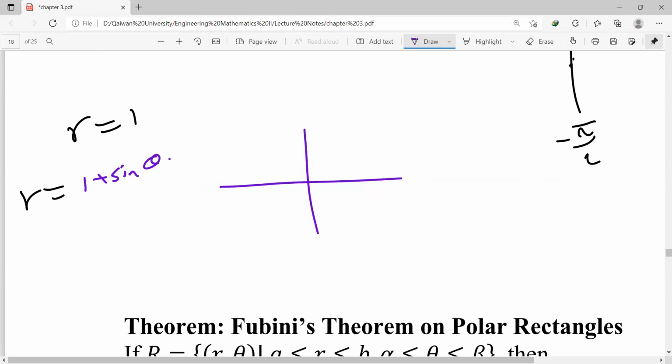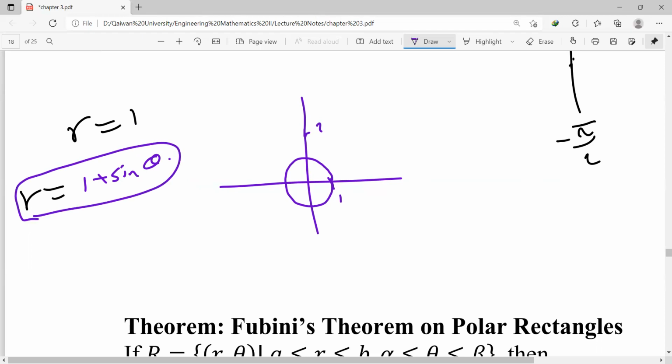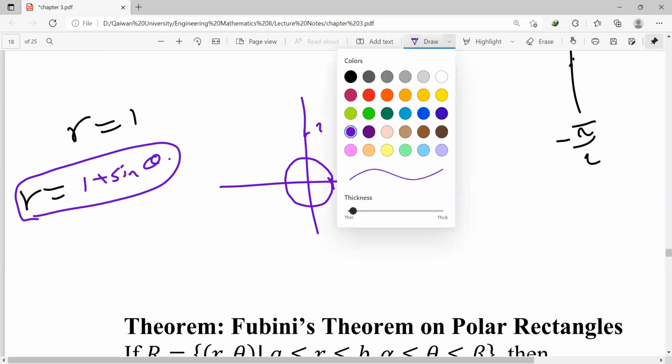That means we have a circle centered at 0 and its radius is 1. This is 1, this is 2. Now, r to be 1 plus sine theta is like this. Let me use another color for this one.